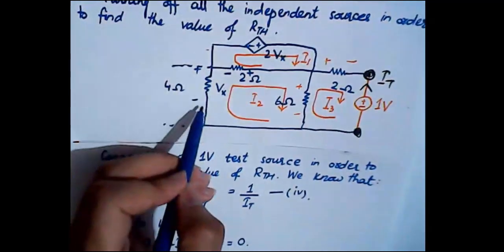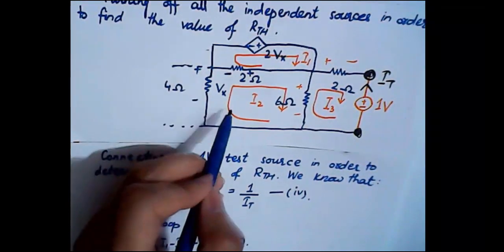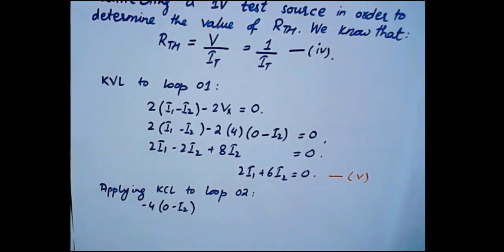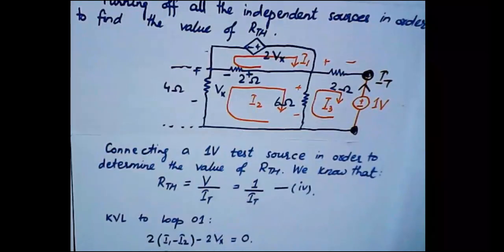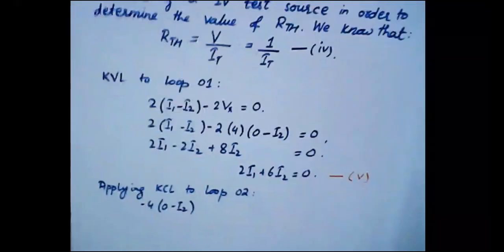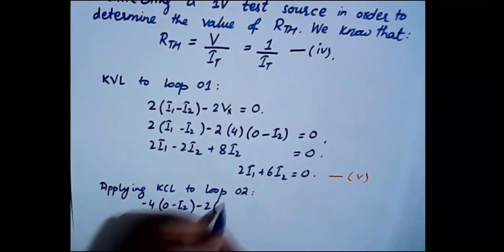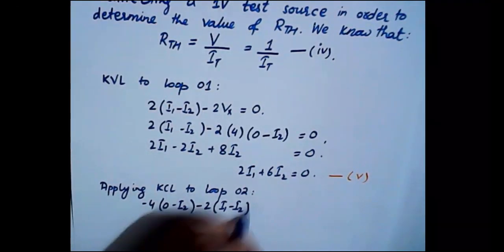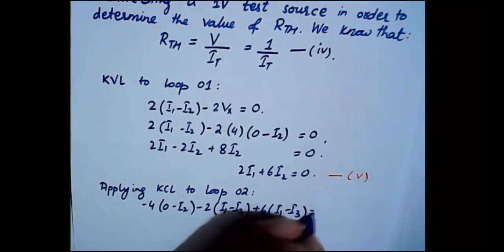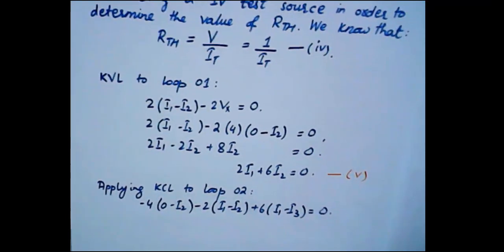Again you can see here minus 4 times 0 minus I2, minus 2 times I1 minus I2, plus 6 times I2 minus I3 is equal to 0, right?